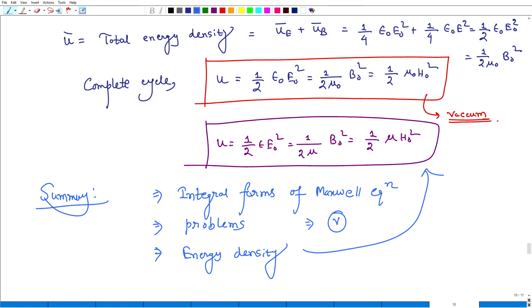In the next class we will first discuss the intensity, what is the form of the intensity of electromagnetic wave, and then we will discuss the radiation pressure.